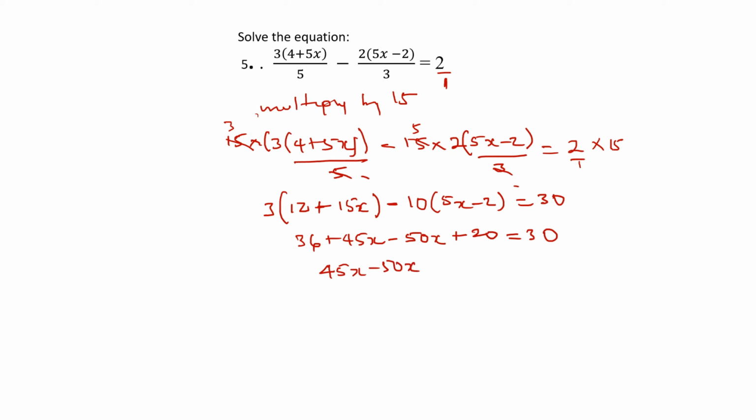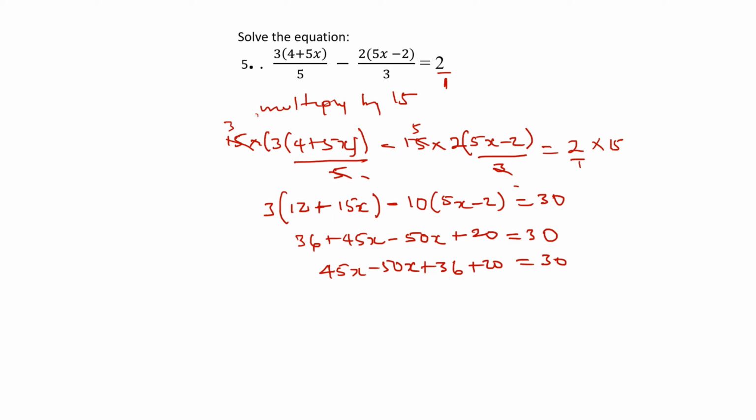We have plus 36 here, plus 20 is equals 30. 45x minus 50x: the bigger number carries the sign.